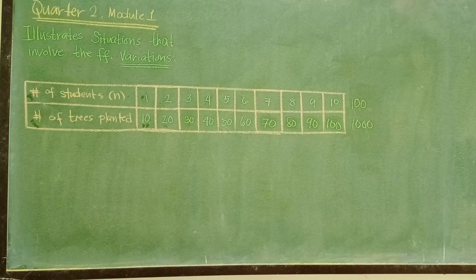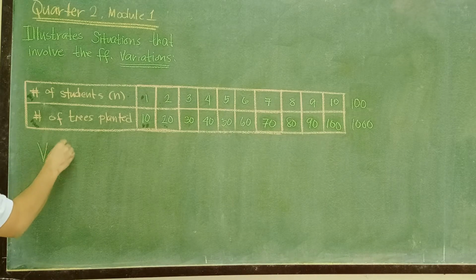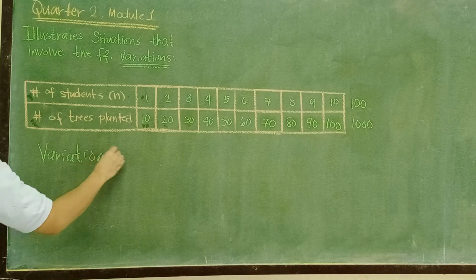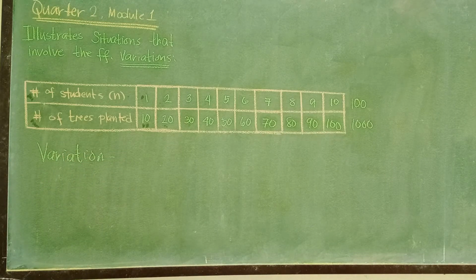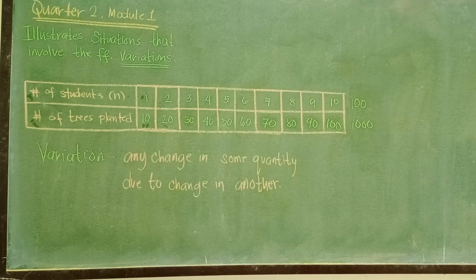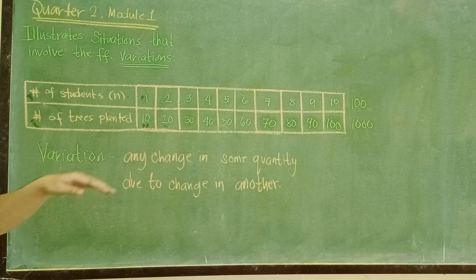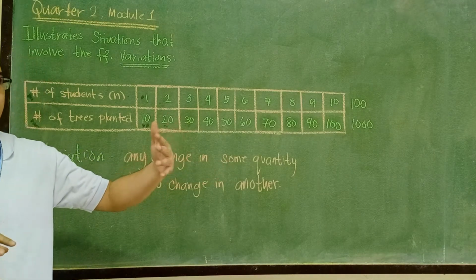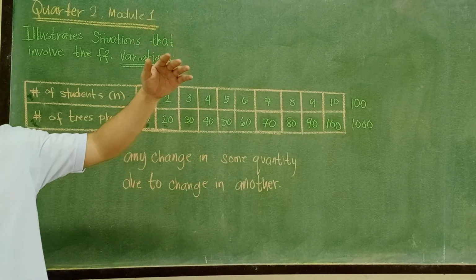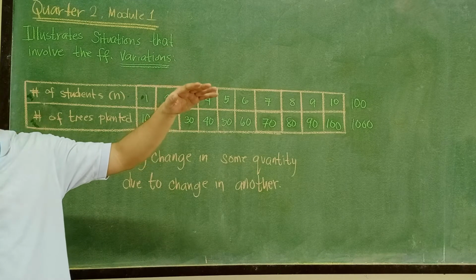So before we move on, i-define muna natin ano ba yung variation. So variation is any change in some quantity due to change in another. So ibig sabihin, kung meron kang isang value na, let's say, tumataas, yung isa pang value na direct involved sa value na is tumataas din.